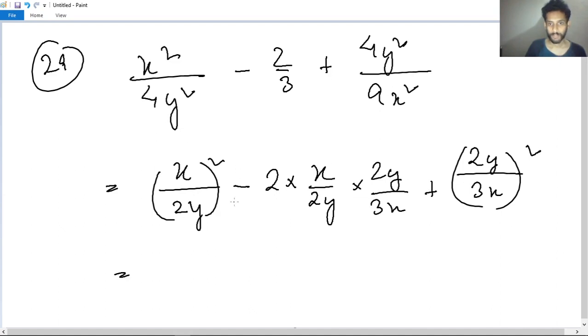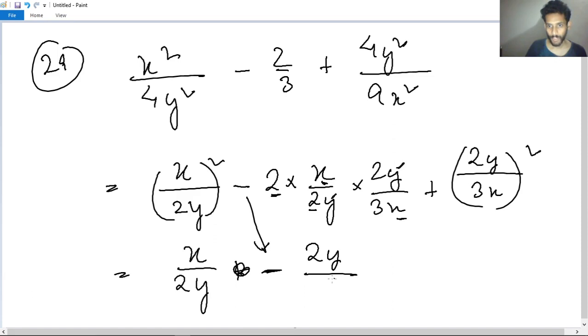So here this 2 and this 2 will get cancelled, this x will get cancelled, this y and this y will get cancelled, so the result will be 2. This 2 and this 2, this x and this x, this y and this y will get cancelled because it is up and down, cross side, so it will be getting cancelled. So the result will be (2y by 3x minus 3x by 2y) whole square. So this is the part.